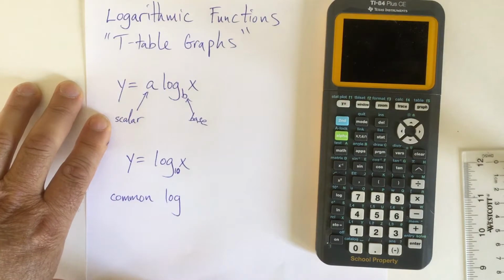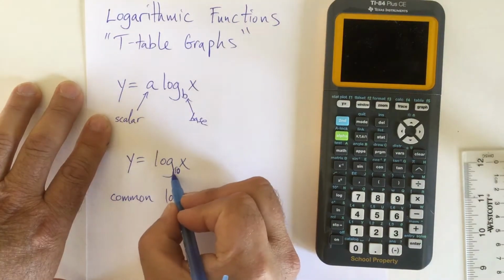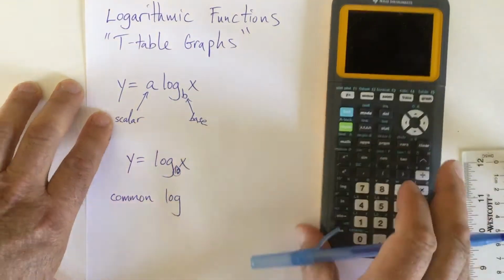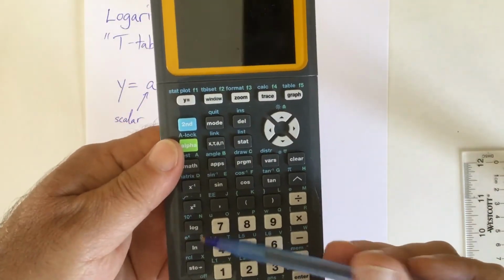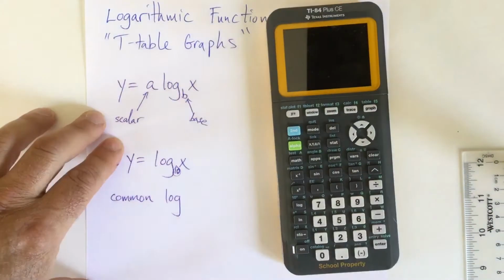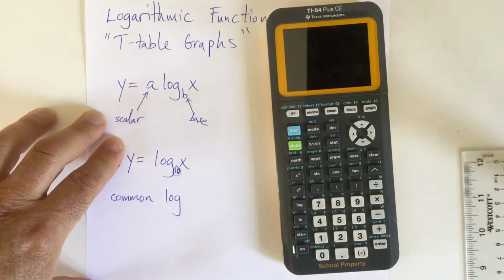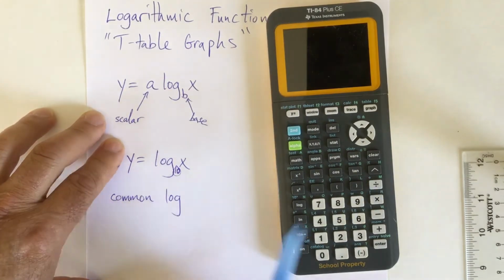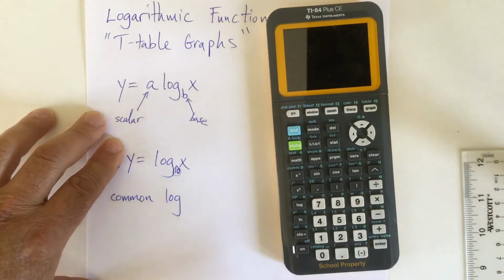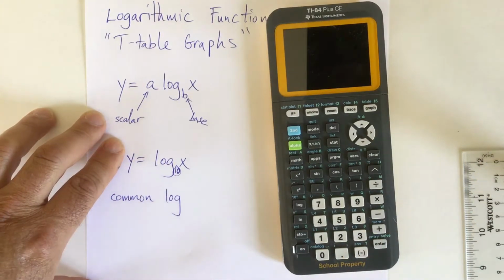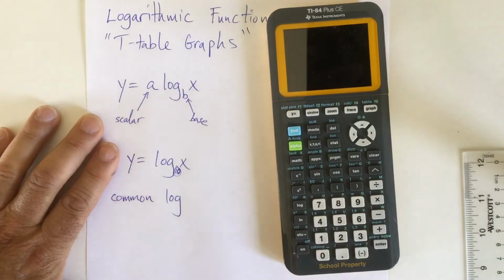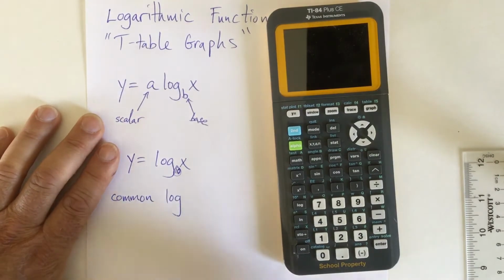But on your calculator, you'll notice they don't have a little tiny 10 there. Your calculator is programmed to understand base 10. Let's just graph one, and I'll clue you in as we go, because actually graphing them is super easy. You just have to plug numbers in and get numbers out.